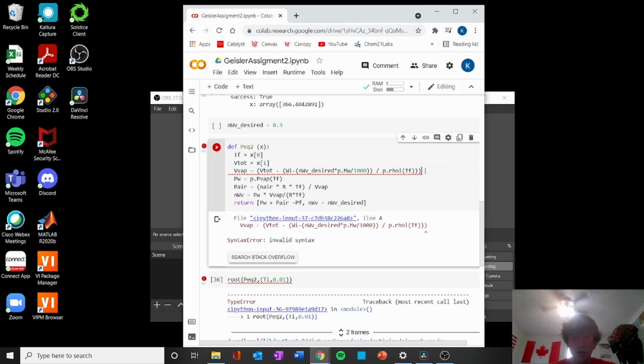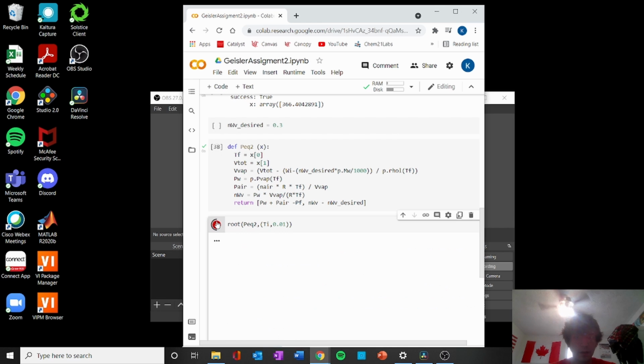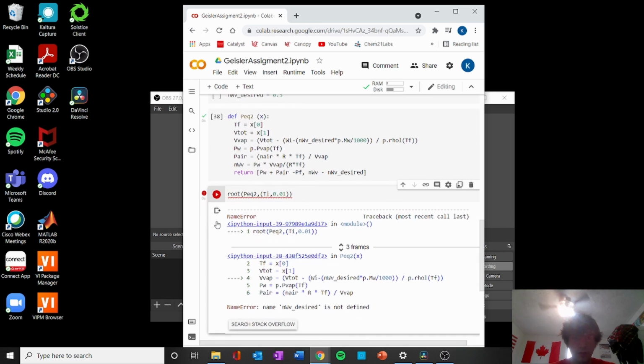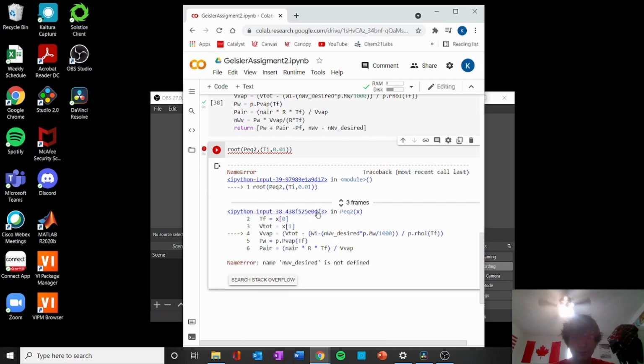There's an error in here as well. Might have an extra. Oh, perfect. Found it. Let's see our roots. Okay, problem here. Everywhere else is good, but there's a problem here. So PEQ2. Volume of our vapor pressure equals volume of total minus, okay.